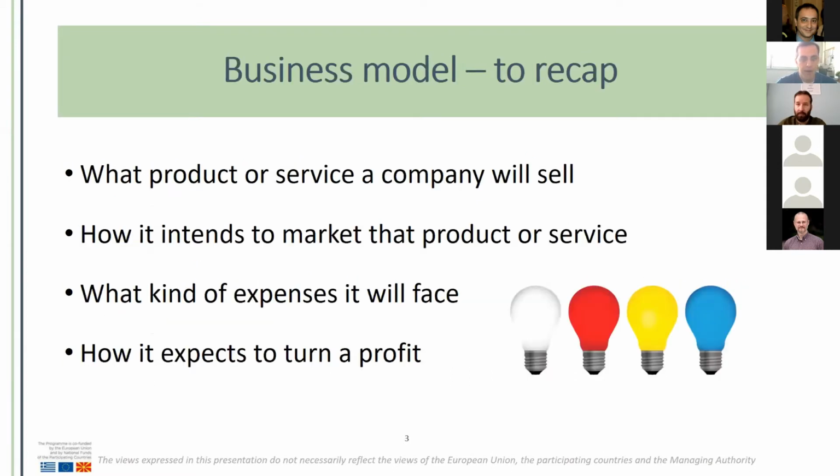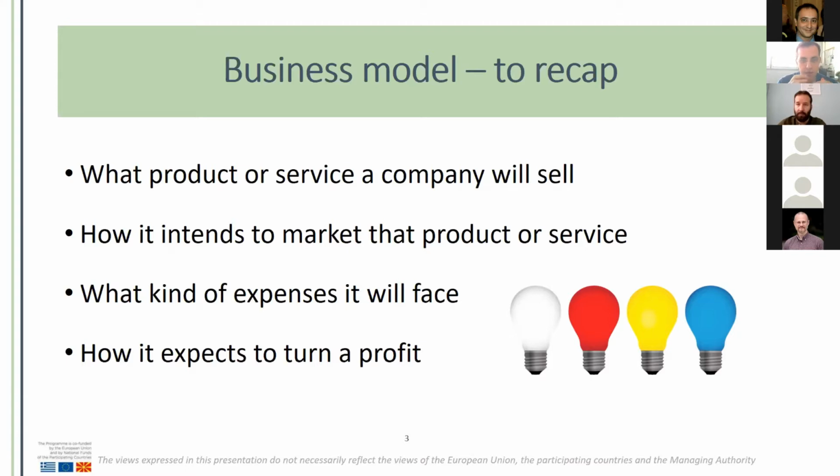So to recap about the business model, when you finish the ideation process, you have an idea, you understand what you're dealing with, you have identified the problem, you've identified and seen the desire of the customers to buy your product, you have low competition, then you know your unique selling points and you've done your market research, then you are able to answer what product or service your company will sell, how it intends to market that product or service, what kind of expenses it will face, and how it expects to turn a profit.